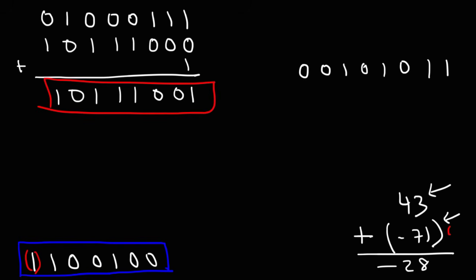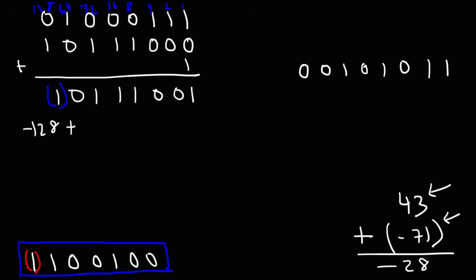And let's just do a quick check to make sure that's the case. So this is 1, 2, 4, 8, 16, 32, 64, 128. Now the first number is negative, so that corresponds to negative 128. And then we have a 32, a 16.